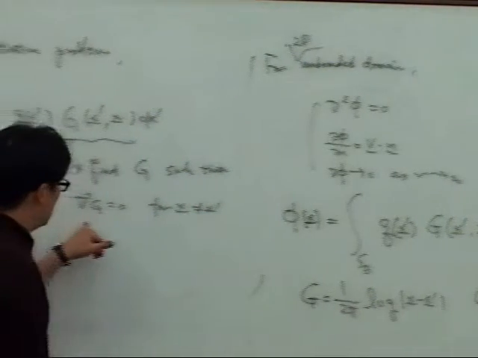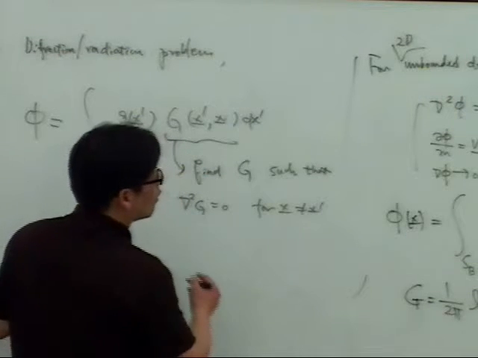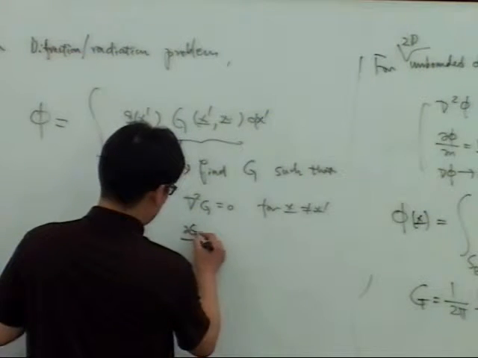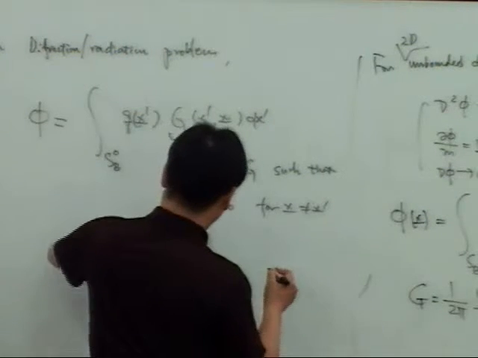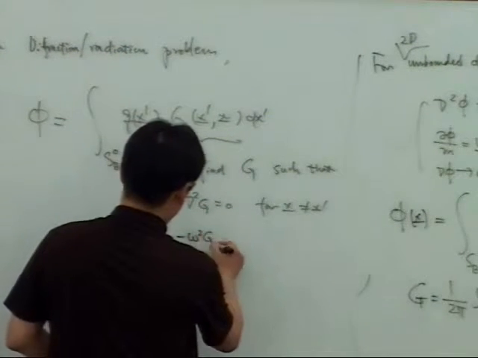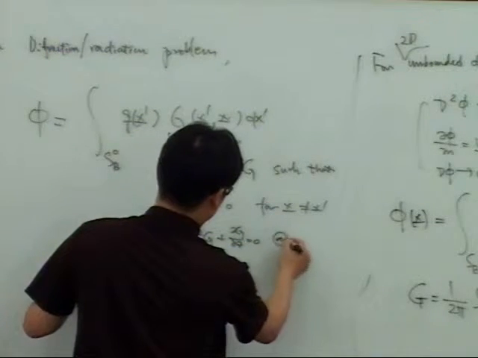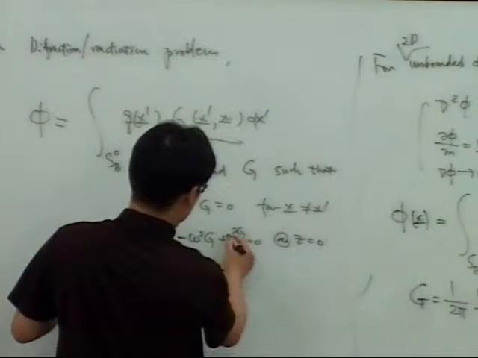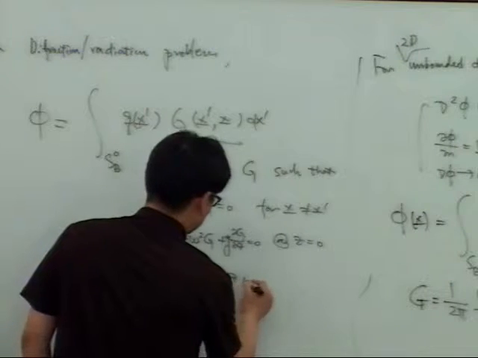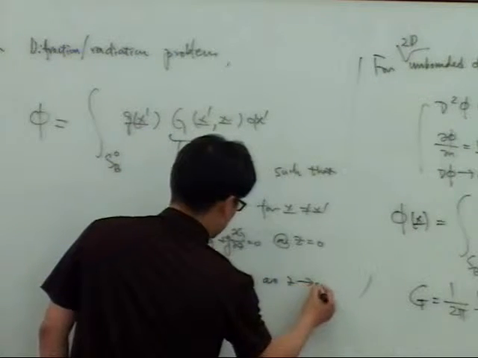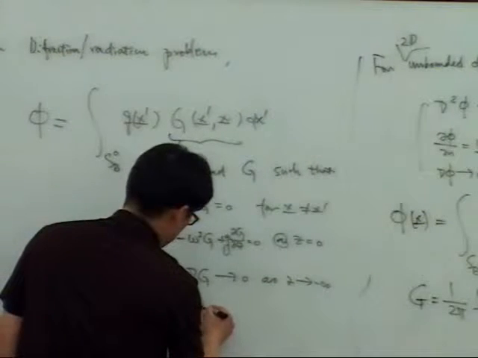Just like that, we find a Green function in that way, and also we find the d G minus, let me remember this way, at z equal to 0, and then we have the radiation condition.